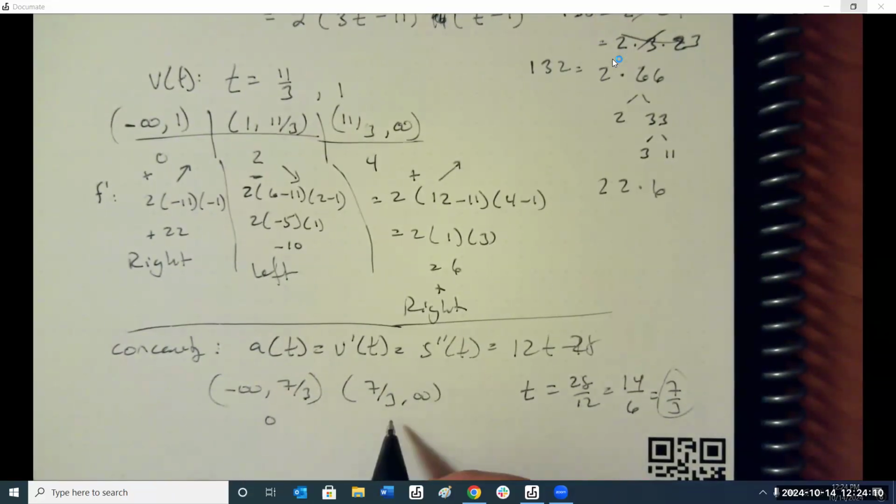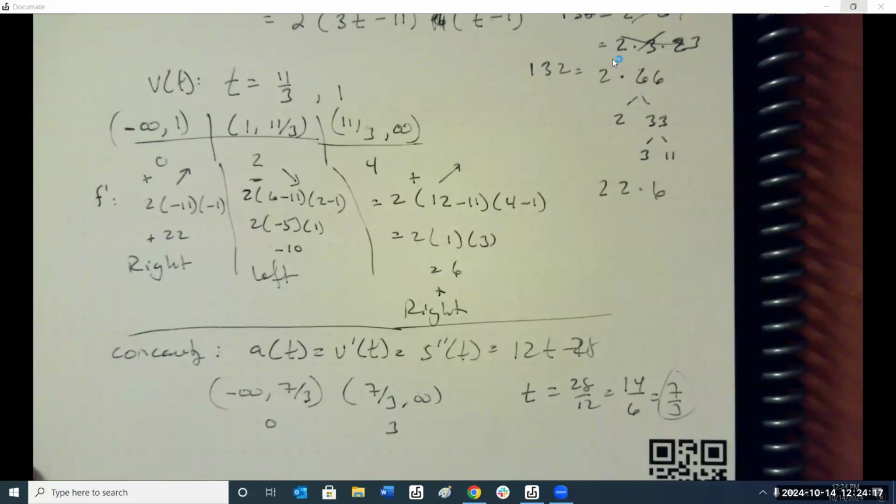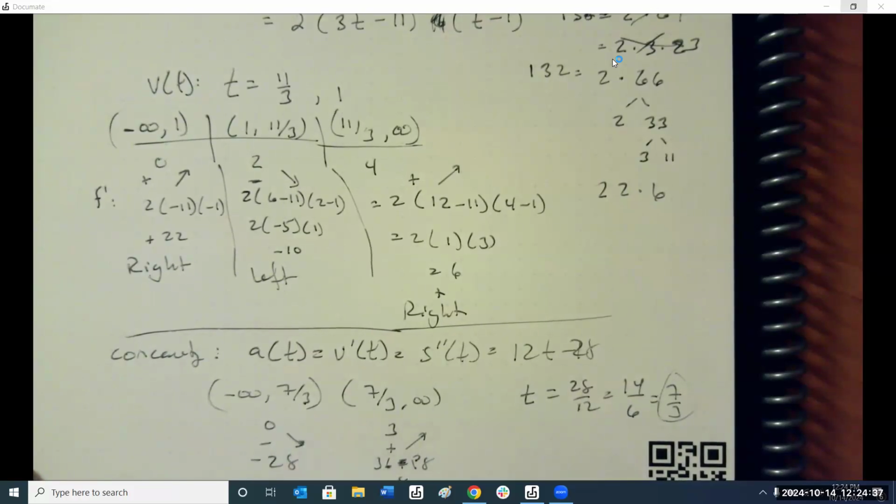I use 0, and I use 3. At 0, I got -28. At 3, I got 36 minus 28, which is 8. Positive is going up, negative is going down.